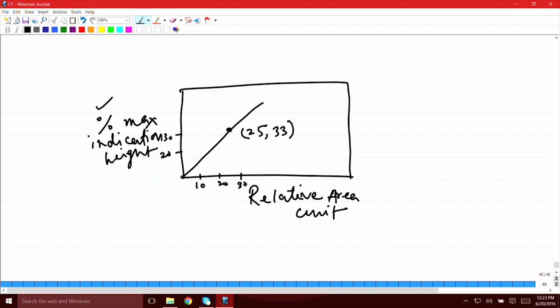Okay. Since your reference point, the point with respect to which you are standardizing the whole thing, is this particular point, it is therefore known as the point of standardization.